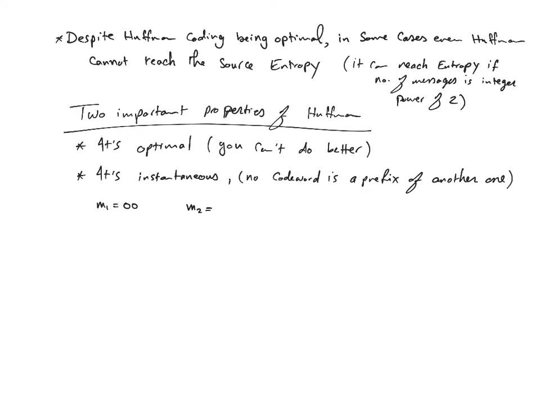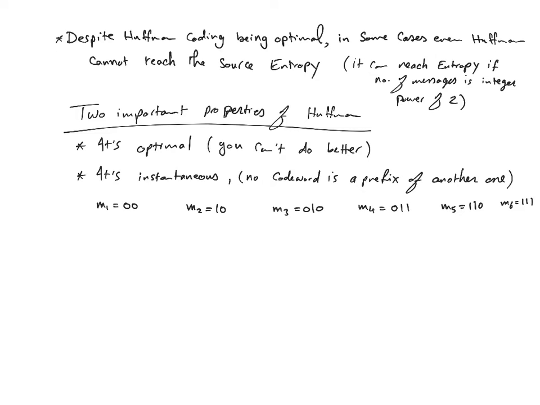M2 was equal to, who has the list, 01 or 10? 10. M3 was 010. M4? 011. M5? 110. M6? All ones. Okay. Notice that.